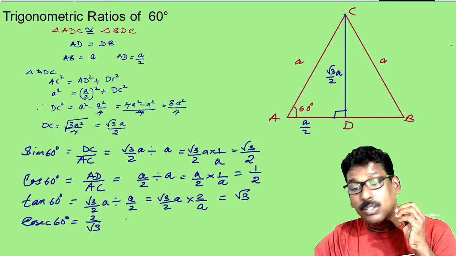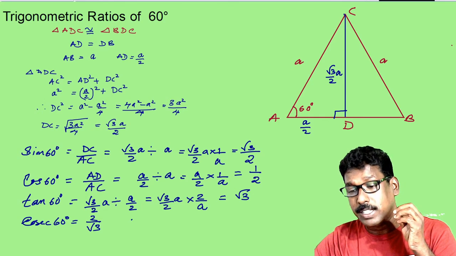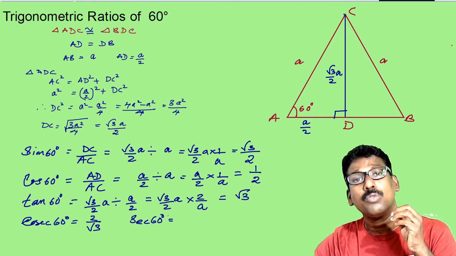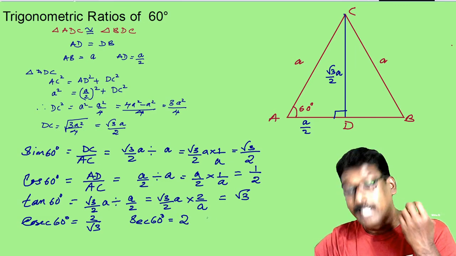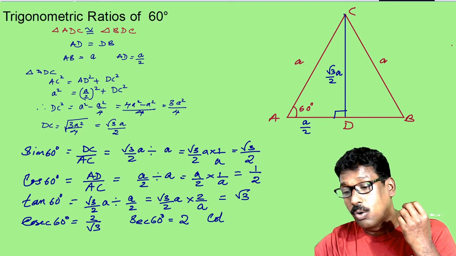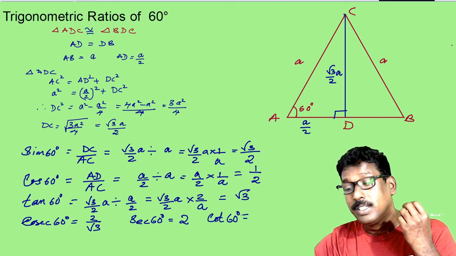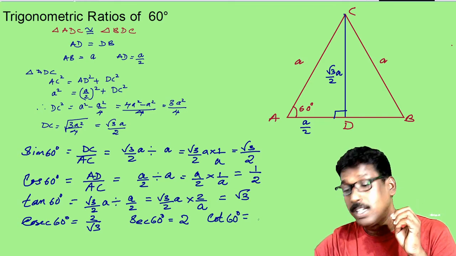And the reciprocal of cos 60 is sec 60 degrees, which is the reciprocal of 1 by 2, which is equal to 2. The reciprocal of tan 60, which is cot 60 degrees, is the reciprocal of root 3, that you can write as 1 by root 3.